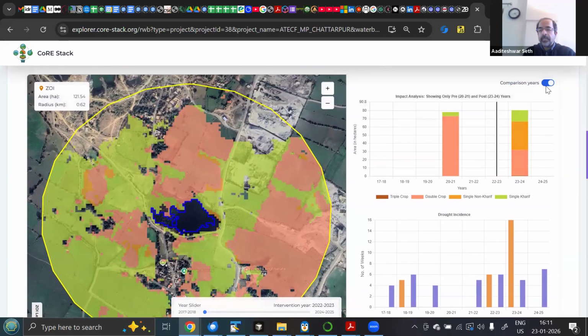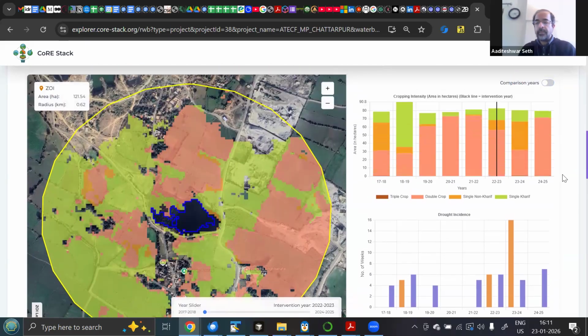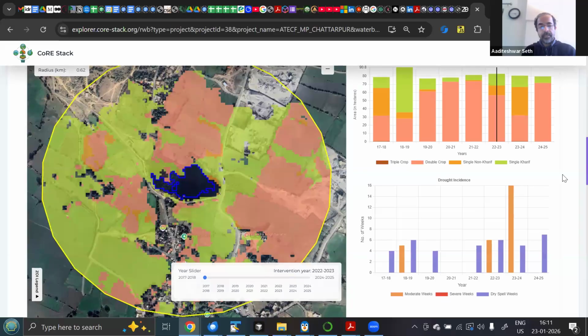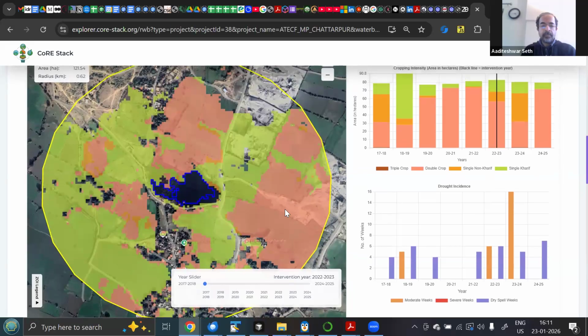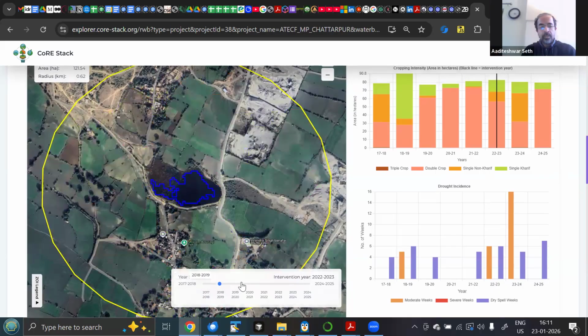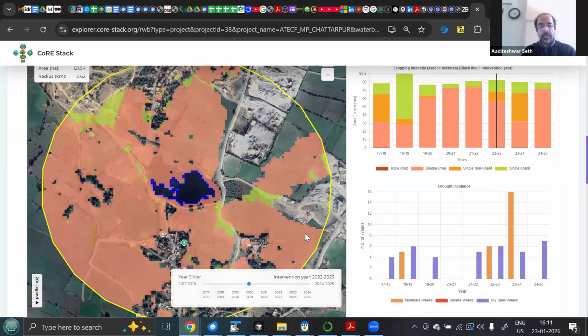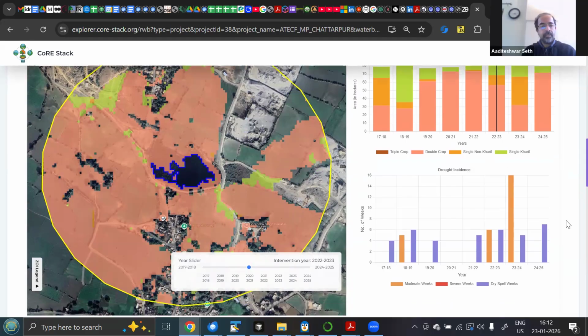But in general, in other water bodies, we might not see much of an effect, because if farmers are not able to access water from their wells, they would use bore wells or groundwater typically now. But this also shows that it helps you track across the years how cropping intensity is changing around this.